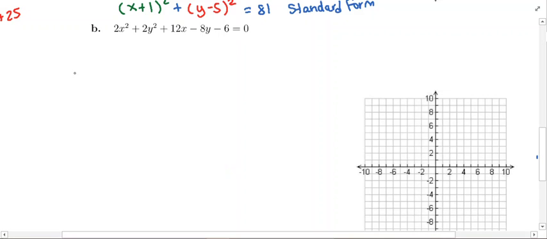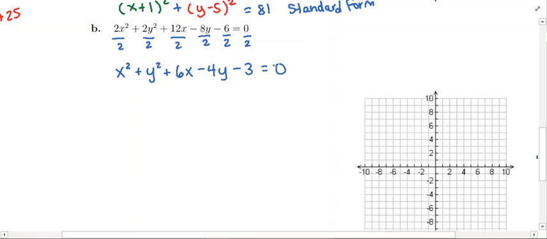So what we're going to do here is start by dividing every single piece of this equation by 2, okay? So we're going to work with x squared plus y squared plus 6x minus 4y minus 3 is equal to 0.